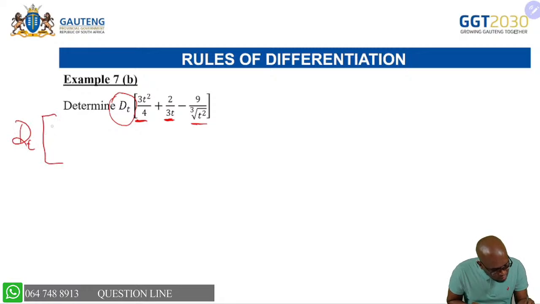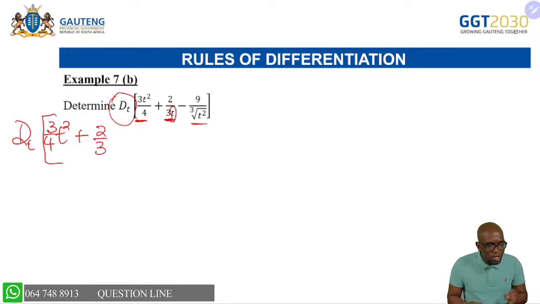So I'll leave the first one because it's ready, 3 over 4 t squared plus 2 over 3. Now because the t is to the exponent of 1, if I move it up, I will get t to the minus 1.